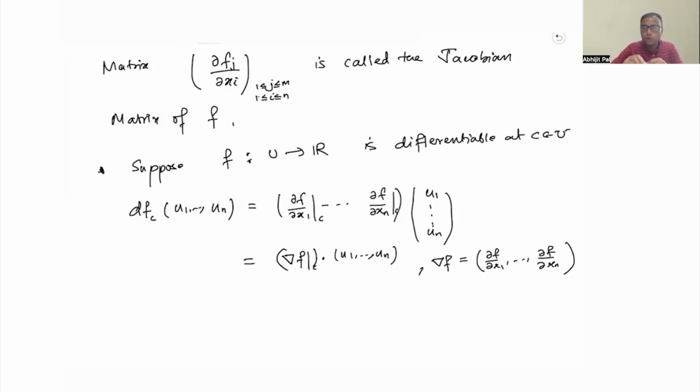If that map is nice enough, in the sense that it is differentiable, the differential is injective, and it is also a homeomorphism onto its image, then the image of that open set will give you a surface in R3. That we'll do in the next class. Okay, so I'll stop here.